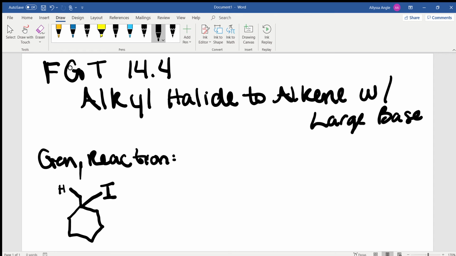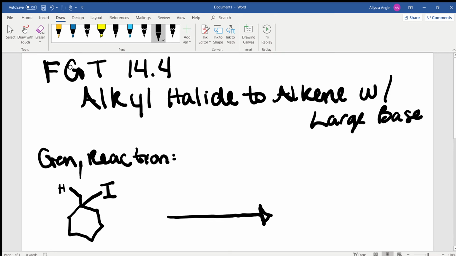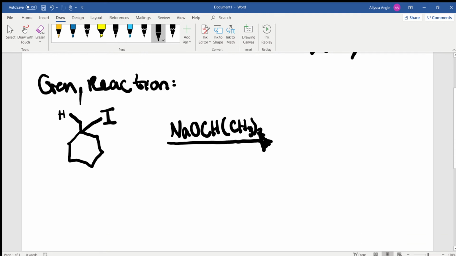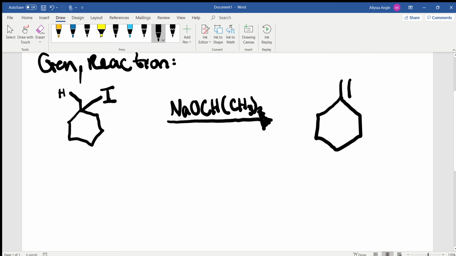And then we are going to use NaOC(CH3)3. And that is going to give us a product that looks like that. So it's a cyclohexane ring with a double bond off of the first carbon.